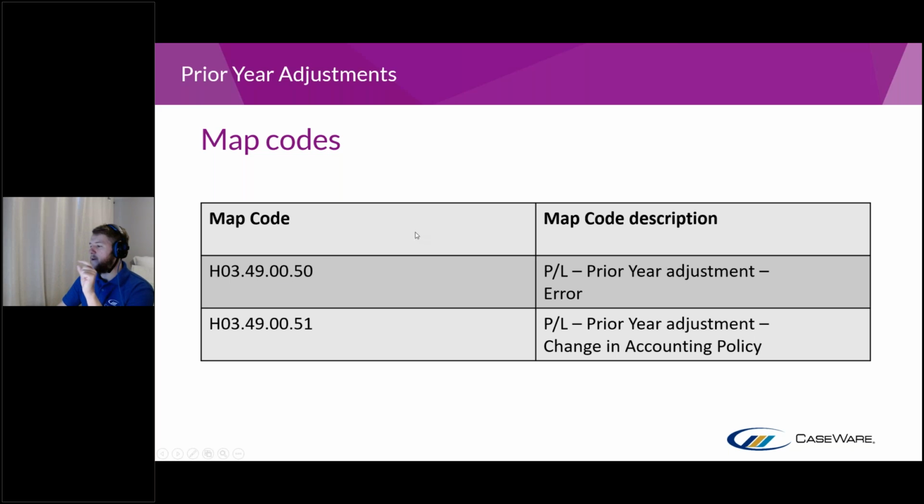Now this is where it changes slightly, because if it's .50, that's the code you use if there's been an error, and if there's .51 on the end, that's the code you use if this is due to a change in accounting policy. Now this one is due to an error because we found out that the depreciation has been understated, and that's why for this one we're going to be using .50. But just to make it clear, that's where you make those changes there.